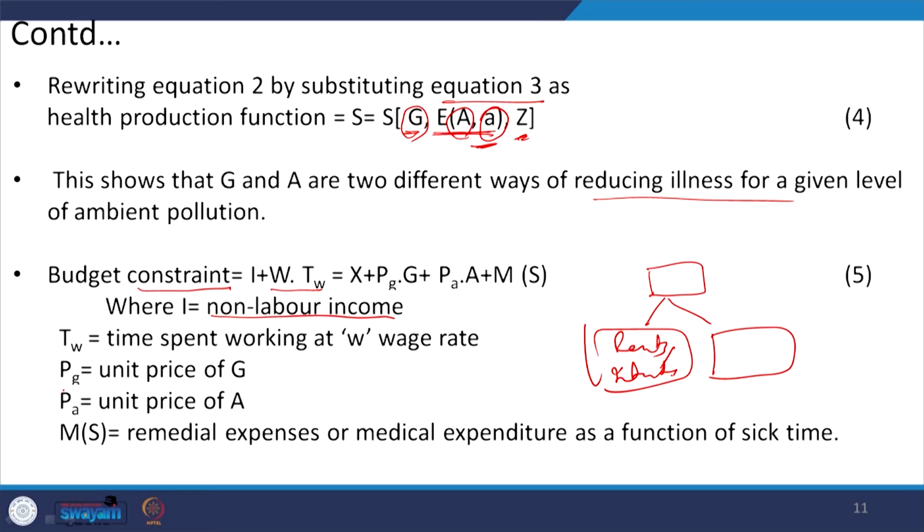PG is the unit price of G, PA is the unit price of A, and MS is remedial expenses, or medical expenditure, as a function of sick time.